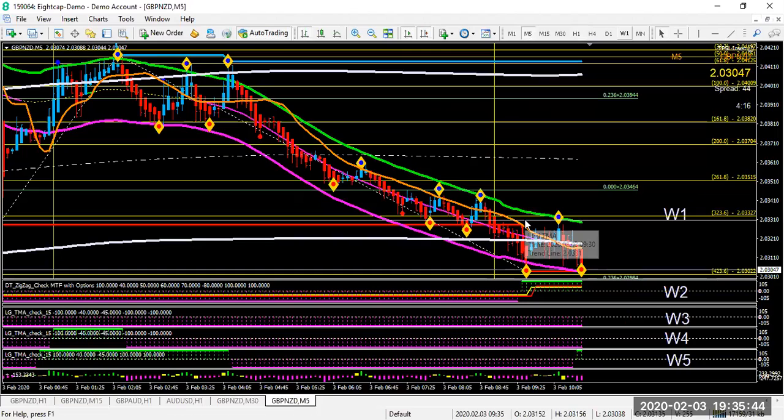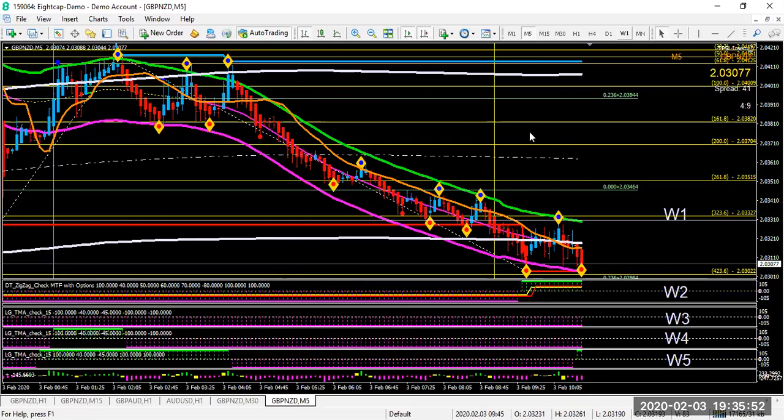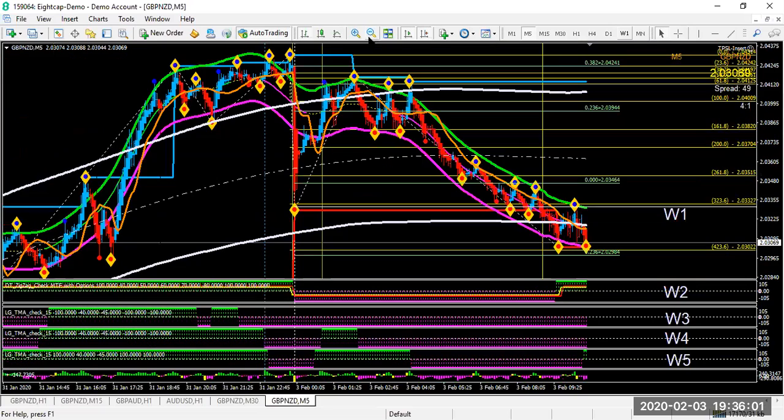And this is your AFPH. So now you can see the pip harvesting aspect of it is giving us additional trade entry opportunities to take advantage when price action is on a strong momentum movement.